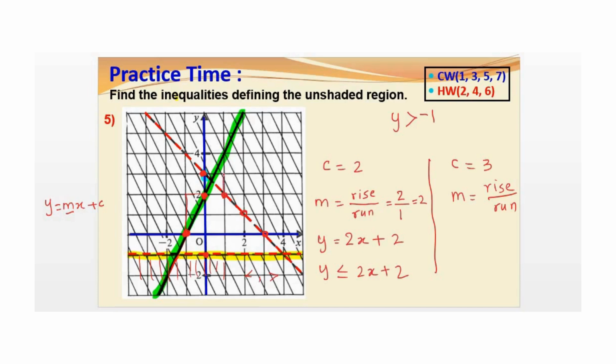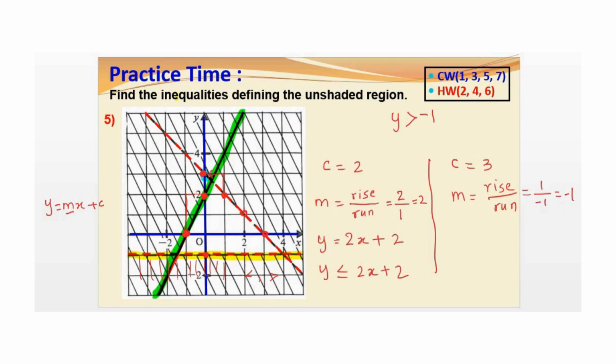Why? Because you have to go just one step upward and one step left. So when you go to the left side, it's -1. So it's 1 up and 1 left. So the final answer, 1 divided by -1, will be -1.